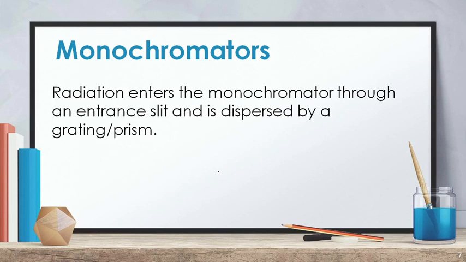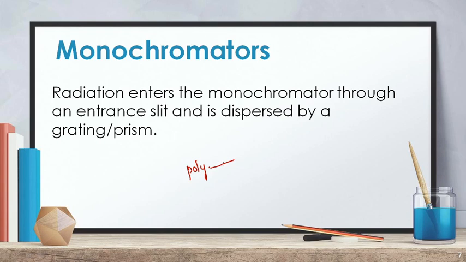Poly means many, a mixture of radiations. Monochromators are gratings or prisms.